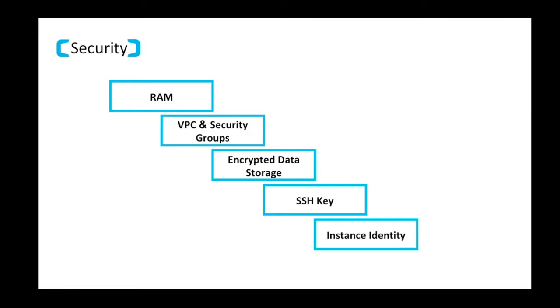SSH key pair, or key pair for short, is a secure authorization method offered by Alibaba Group to remotely log on to your Linux instance. It is a different solution from the typical username and password authorization.